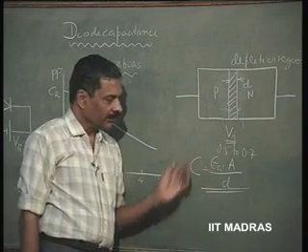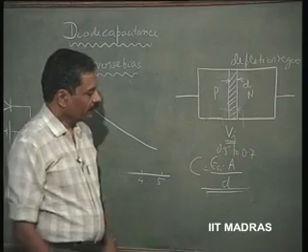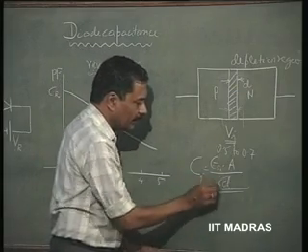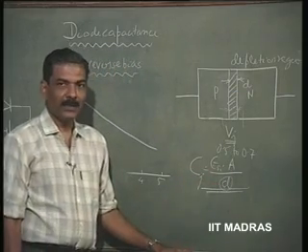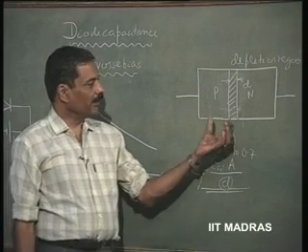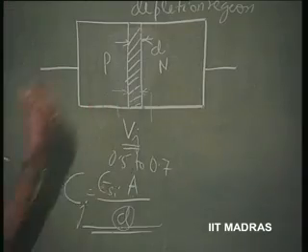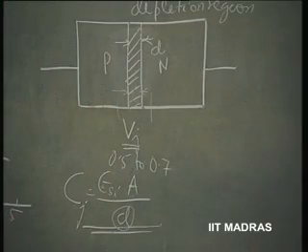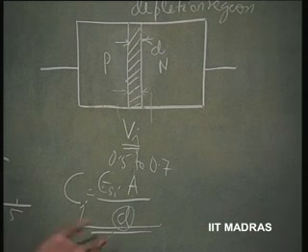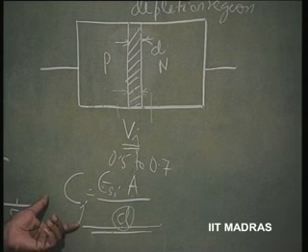So, this constitutes the effective junction capacitance, and this depletion layer width is dependent upon the reverse bias voltage that we apply. Therefore, if we apply a very large reverse bias voltage, the depletion layer width increases and therefore the capacitance decreases.